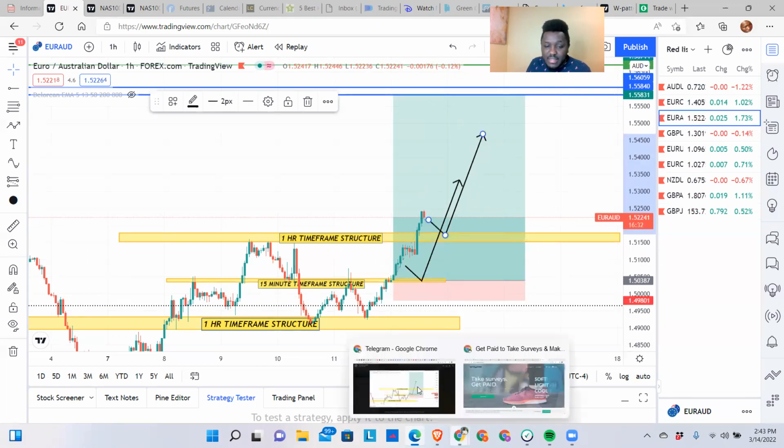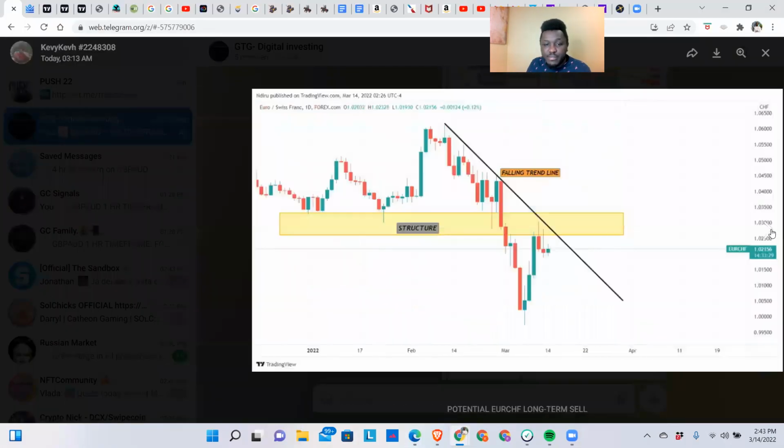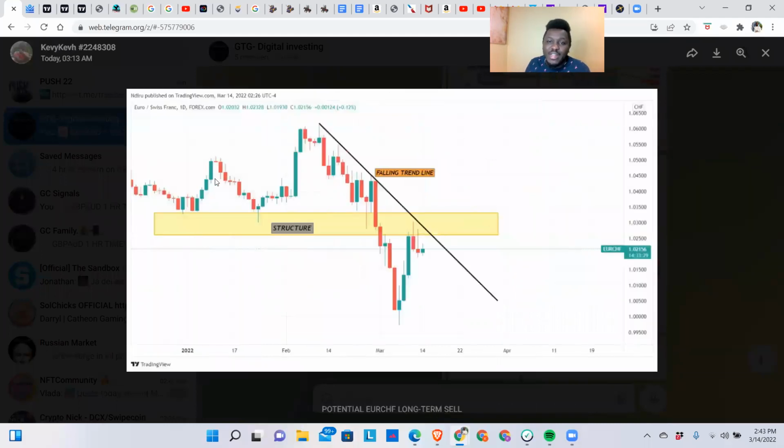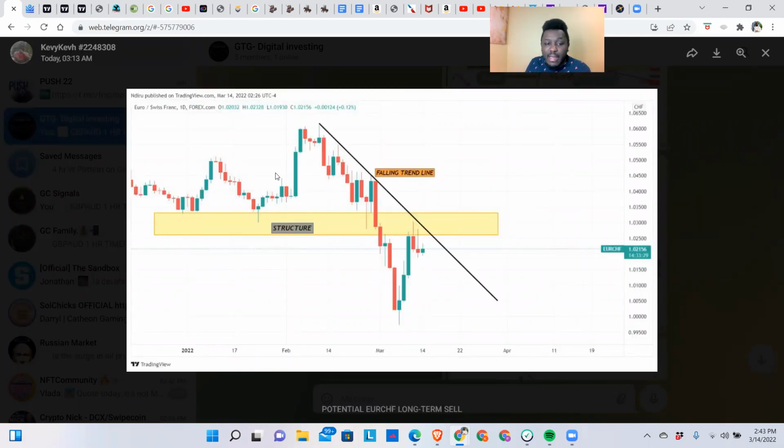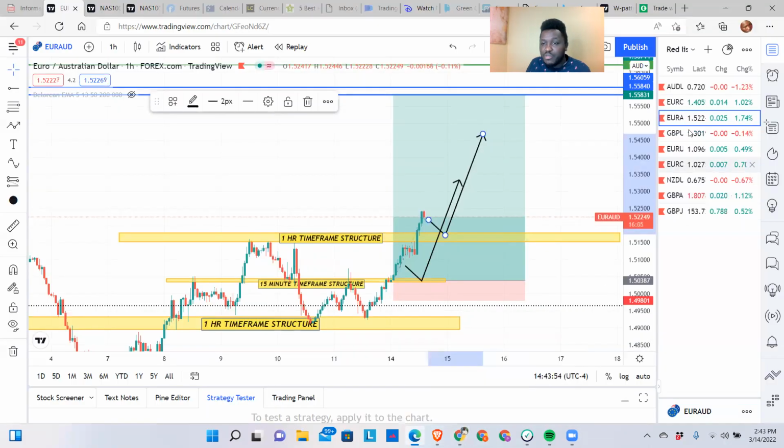The other one that I sent into the group, oh yeah, this one, this went against me completely. So this is Euro CHF. I got into the trade here after this pullback, and I was anticipating a sell, because as you can see on the 4 hours, let's just go into it. Now you will see what happened.